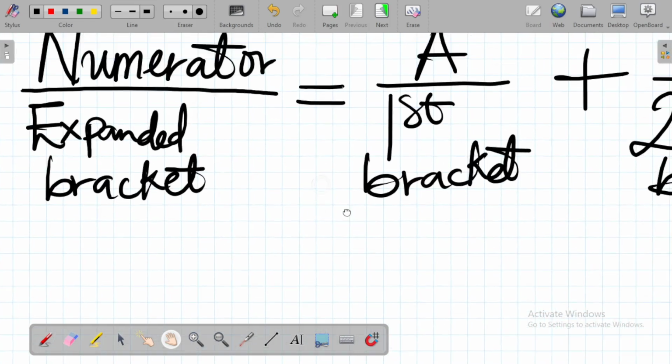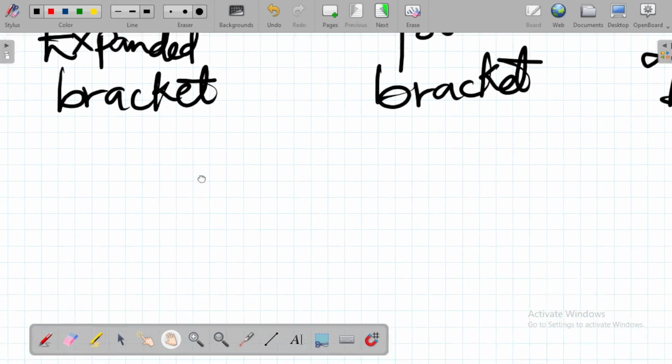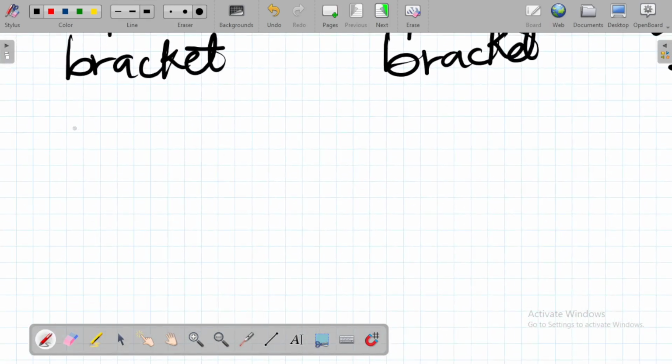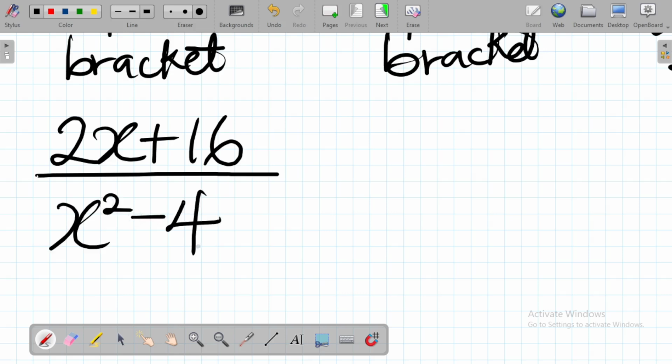So now let's substitute into this equation. We have the numerator given in the question, 2x plus 16, and then all over, we expanded the denominator and it gave us x squared minus 4.